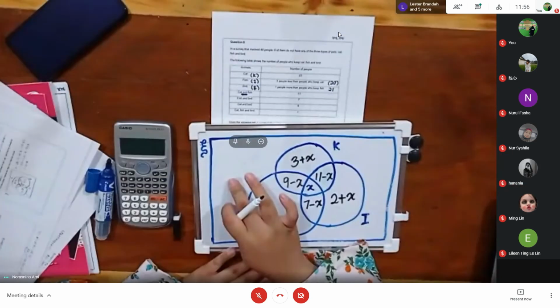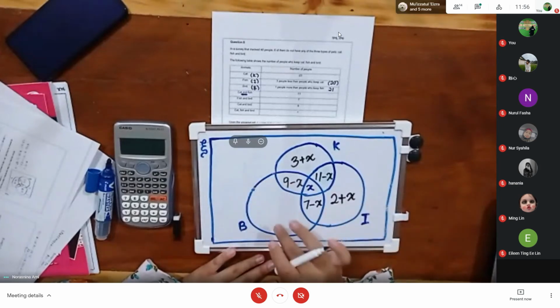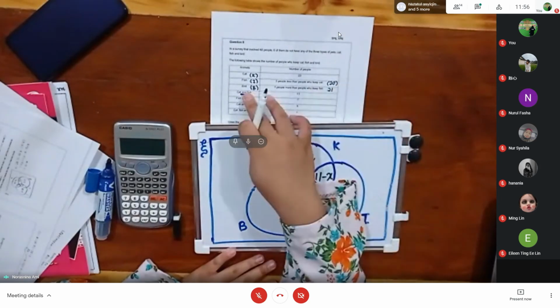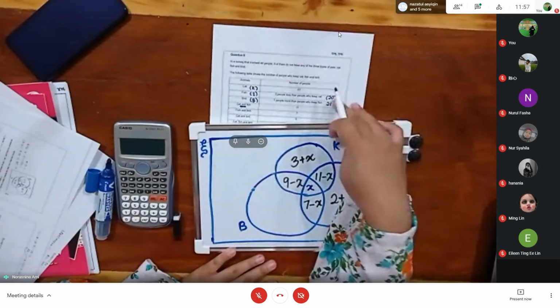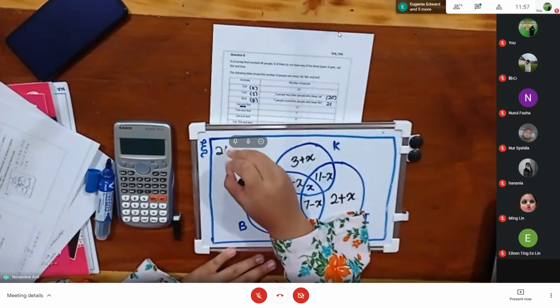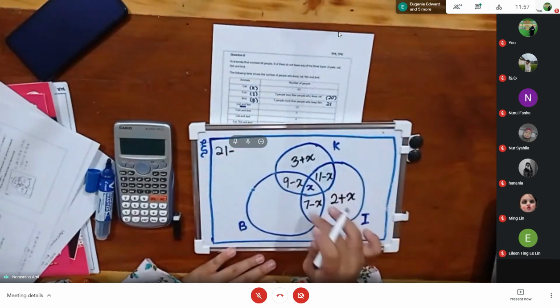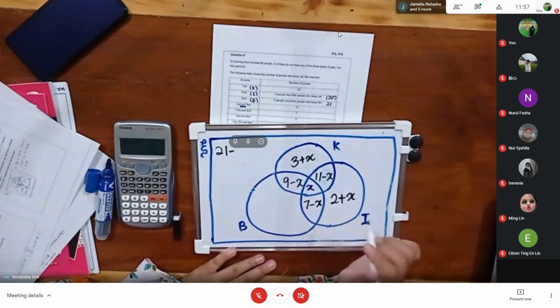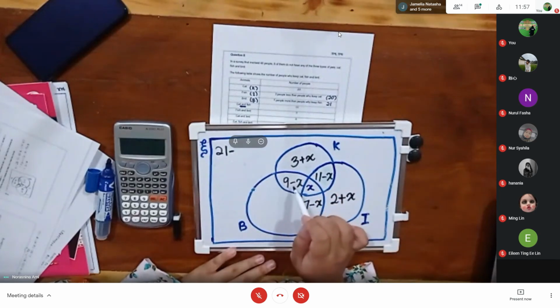Okay. From here, this part, the birds only, the people who like birds only. The total number of people who have bird is 21, from the calculation that we have done before. Minus with this intersection part, there are 3 parts that intersect.